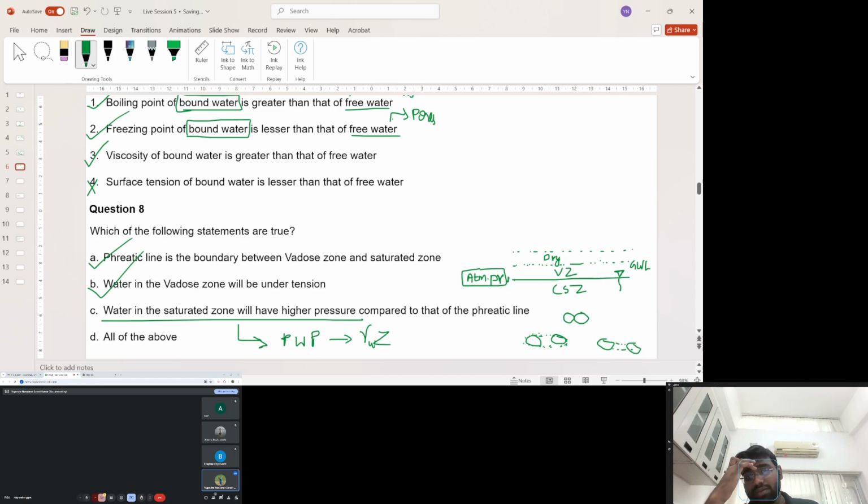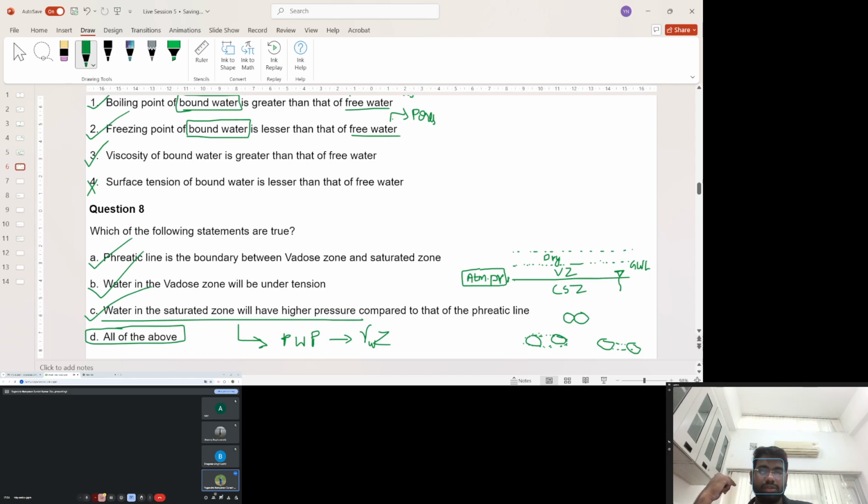So at the phreatic line, the depth is 0, for which the pore water pressure will be 0, in the sense that it will be at atmospheric conditions. So water in the saturated zone, just below the phreatic line, will have higher pressure. So option C is also right. So the right option is all of the above.